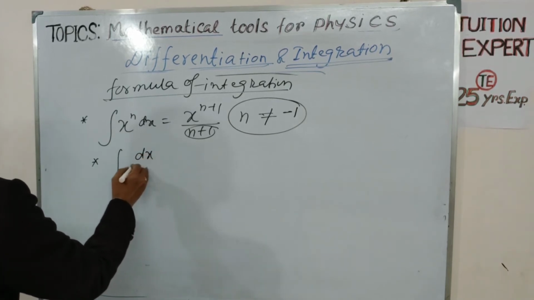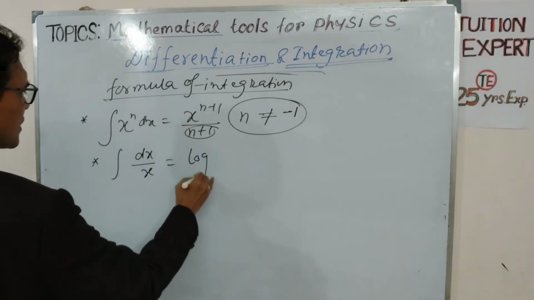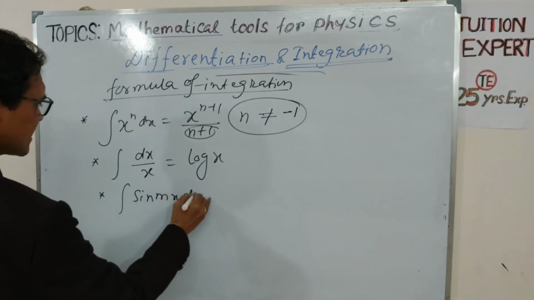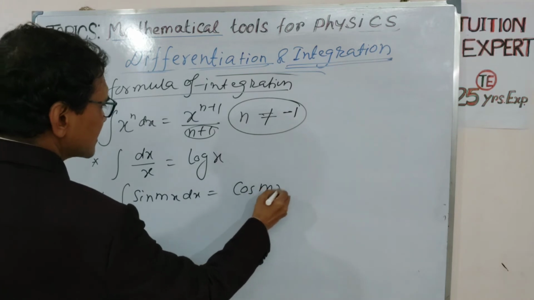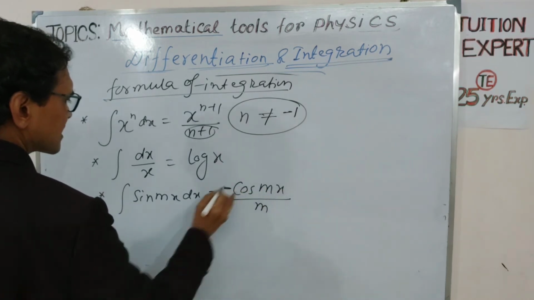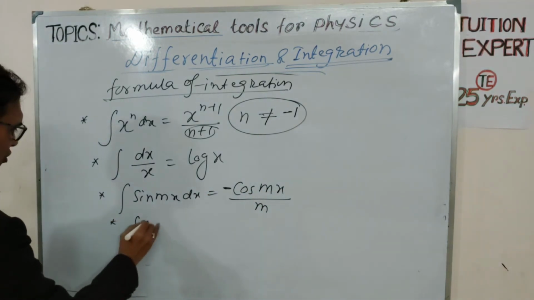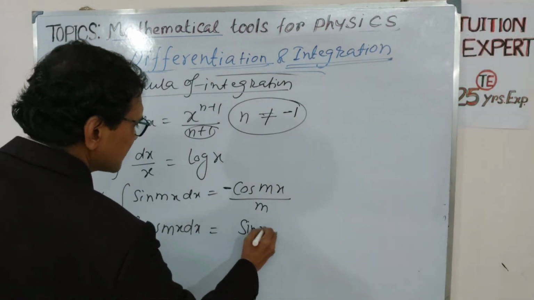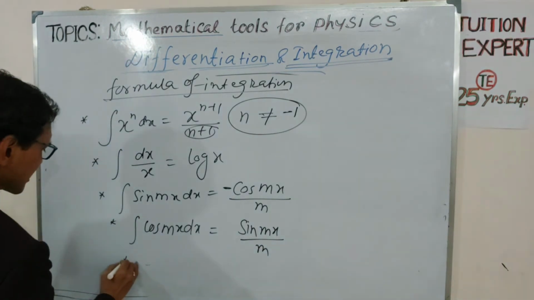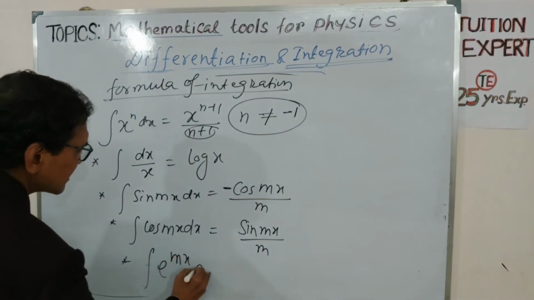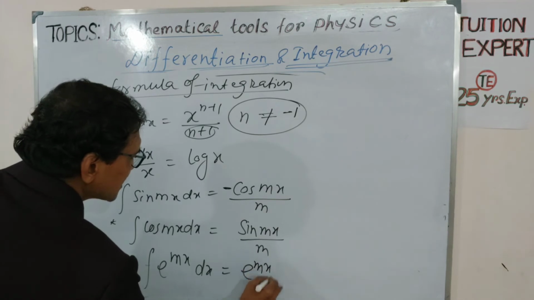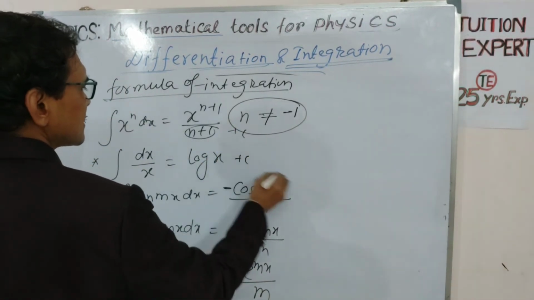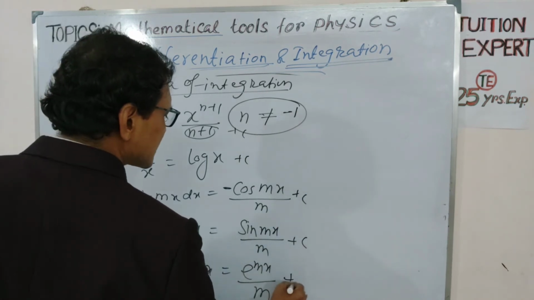For n equal to minus 1, the integral is log x. The integral of sin mx dx equals minus cos mx by m, and the integral of cos mx dx equals sin mx by m. Always, c is present, the integration constant.